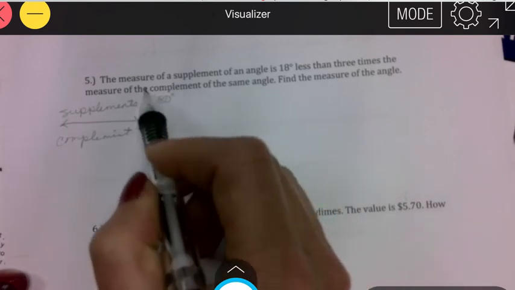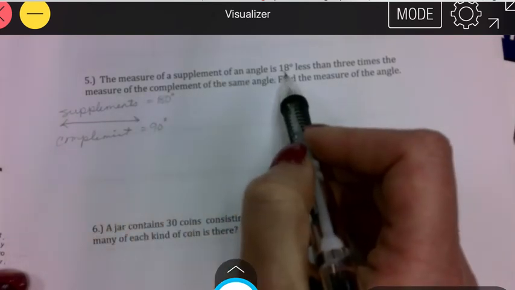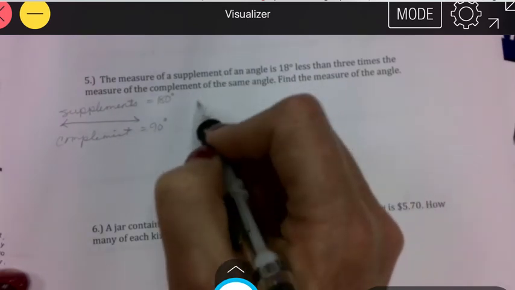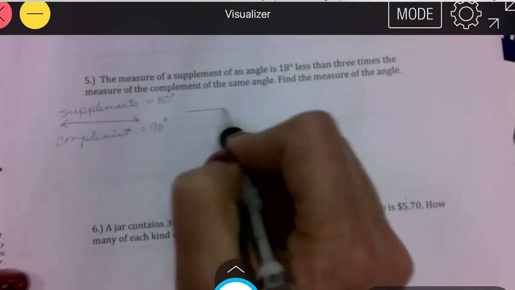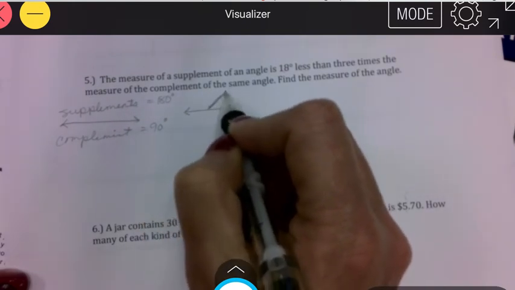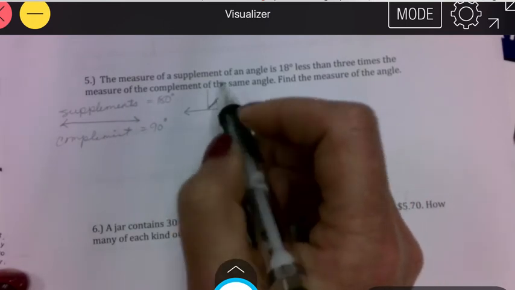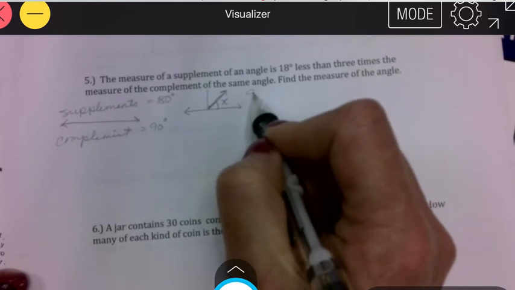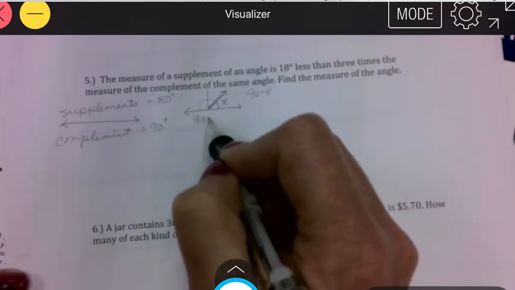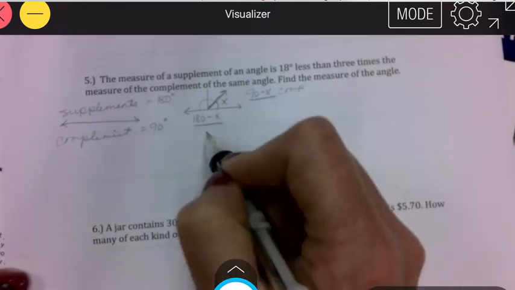So if it says the measure of the supplement of the angle is 18 degrees less than 3 times the measure of the complement of the same angle, so we're talking about we have an angle here. Let's say that's x. So the complement would be 90 minus x, and the supplement would be 180 minus x. So this is a complement, and this is a supplement.